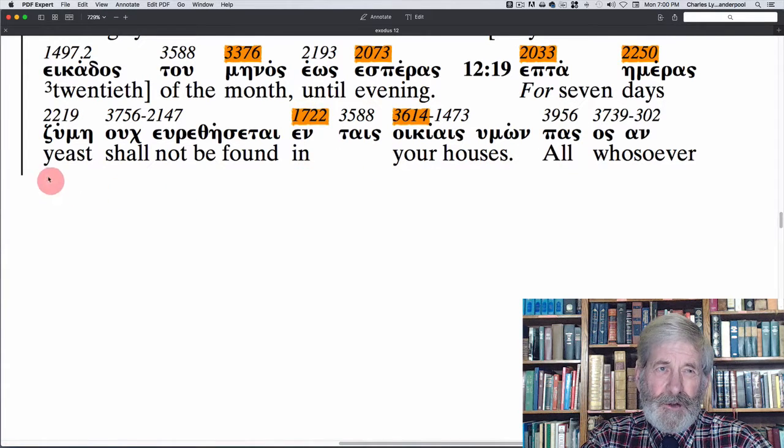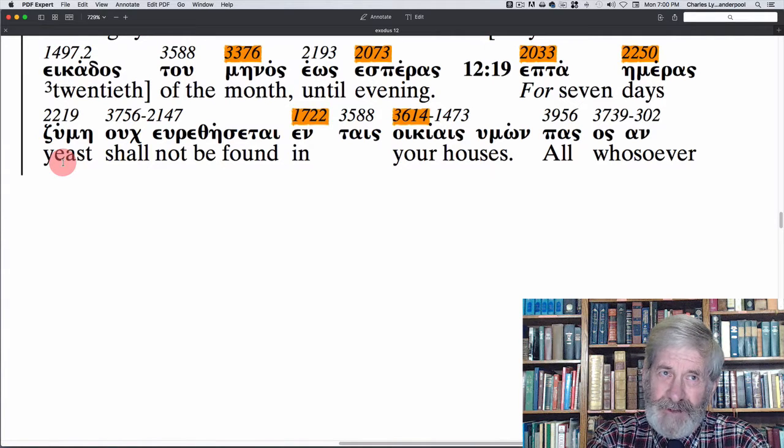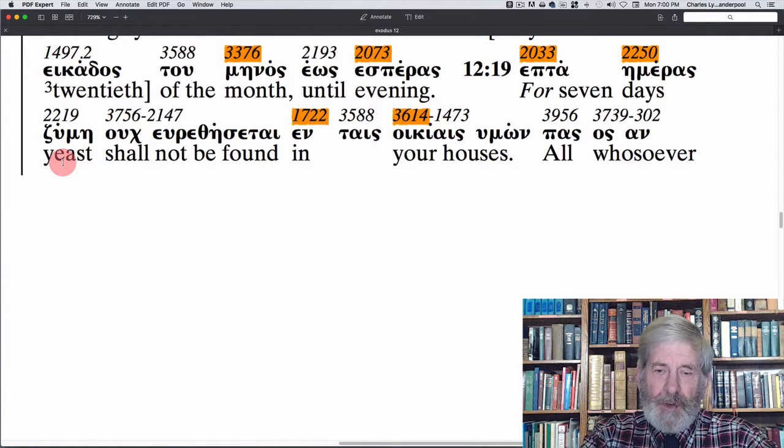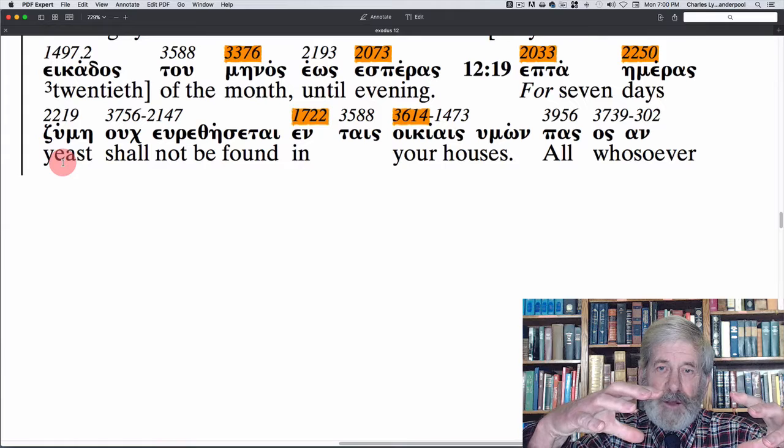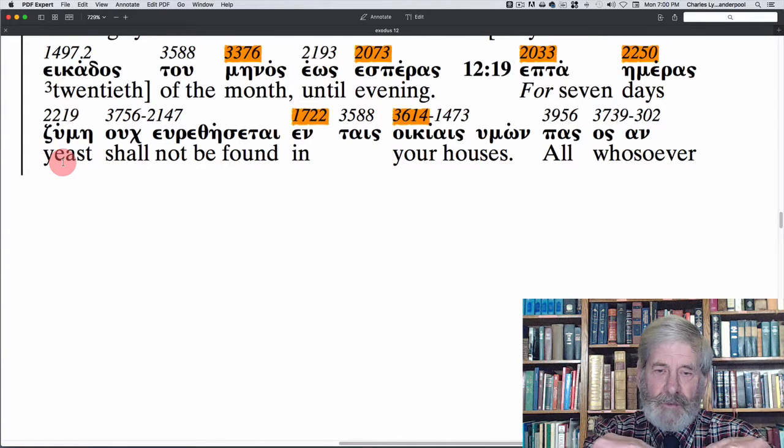And yeast apparently is in a powdered form of some sort, and they use it for making bread rise when they cook it. Otherwise, it doesn't rise. It just lays flat, like a pancake.